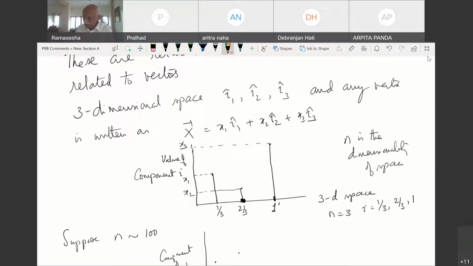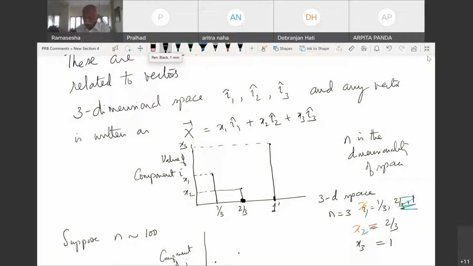So the discrete values that one can take along the x-axis, let me call this x1 equal to 1/3, x2 is equal to 2/3, x3 is equal to 1, right?